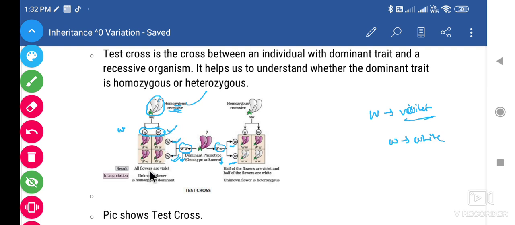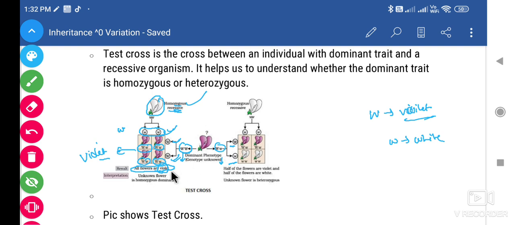You will find capital W small w, capital W small w, capital W small w, capital W small w. It means the one dominant trait suppresses the recessive trait, and they express violet. So you will observe all the flowers in violet color.